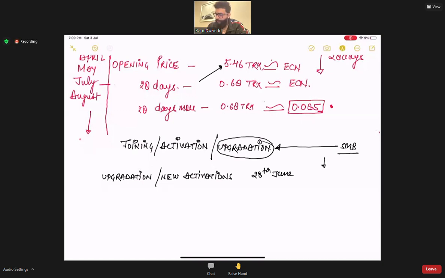One category, the people who got their SMB or they put more money from their pocket for upgrade, and people who did the new activation. New activations, new accounts. In both of this scenario, the price was 5.46 TRX, and this was the price for one ECN.